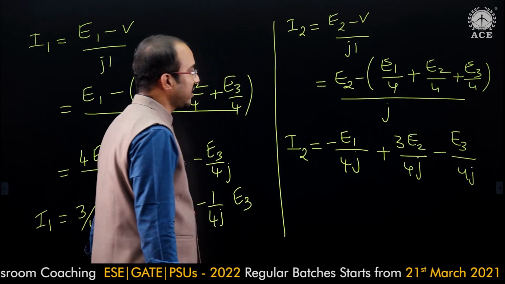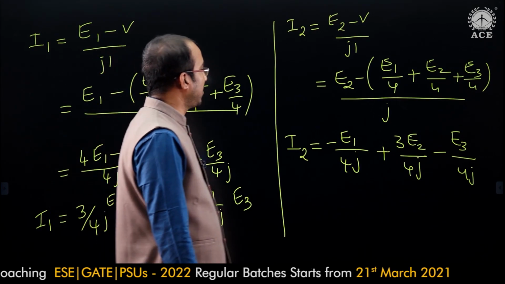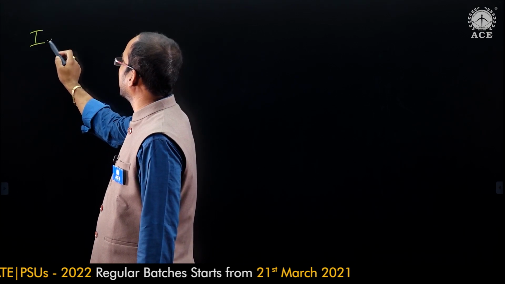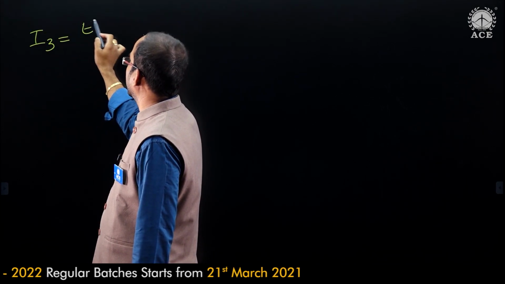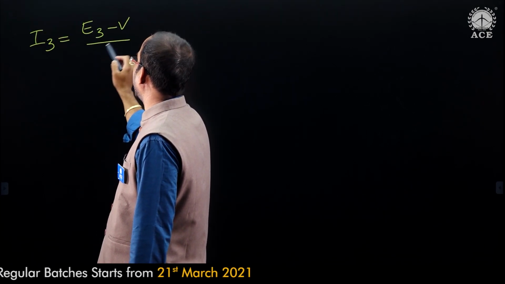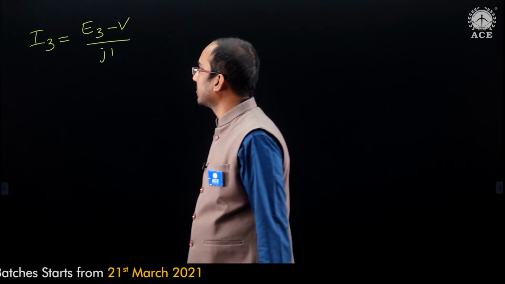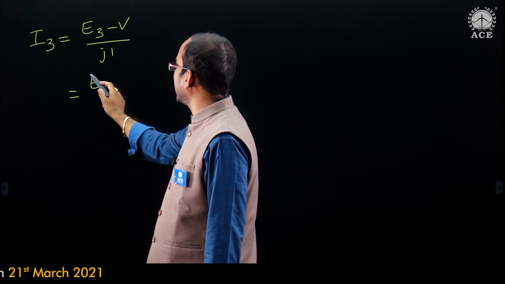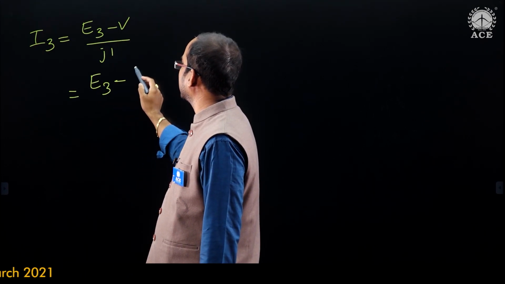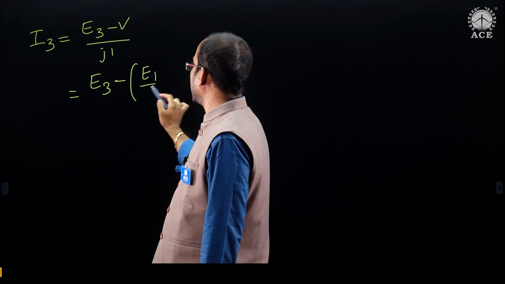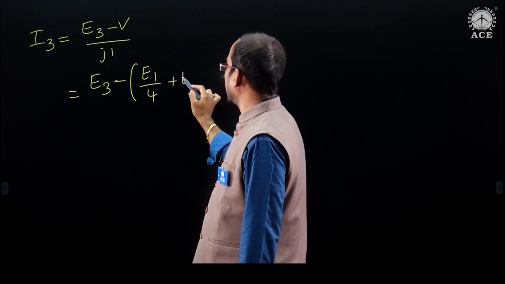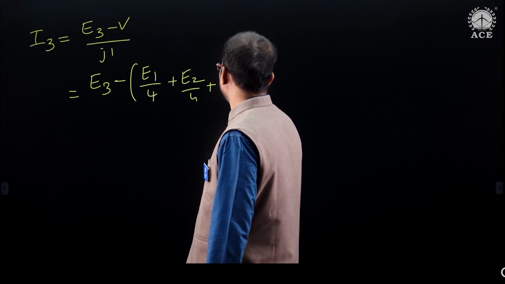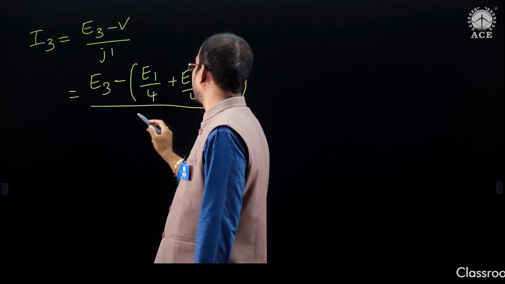So this is the equation for I2. Now let us write the equation for I3. I3 can be written as E3 minus V by J1. If you simplify this by substituting the value of V, E3 minus E1 by 4 plus E2 by 4 plus E3 by 4, all by J1.